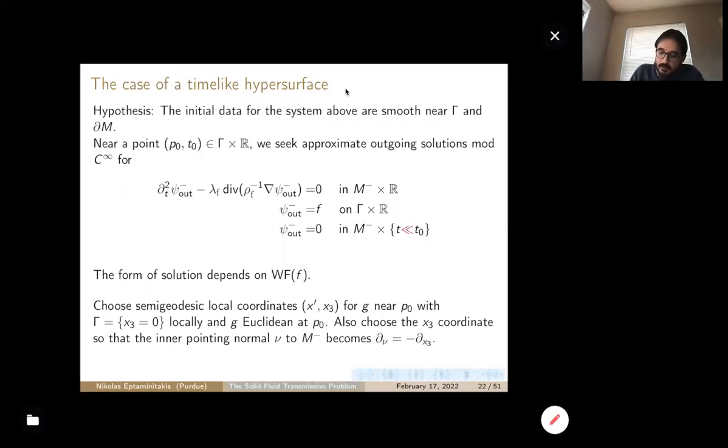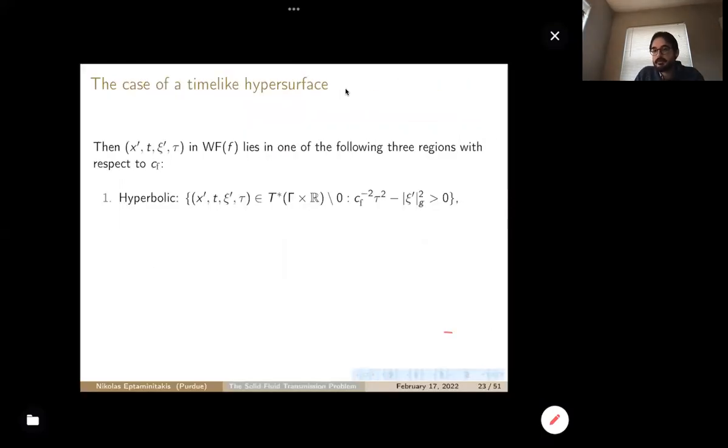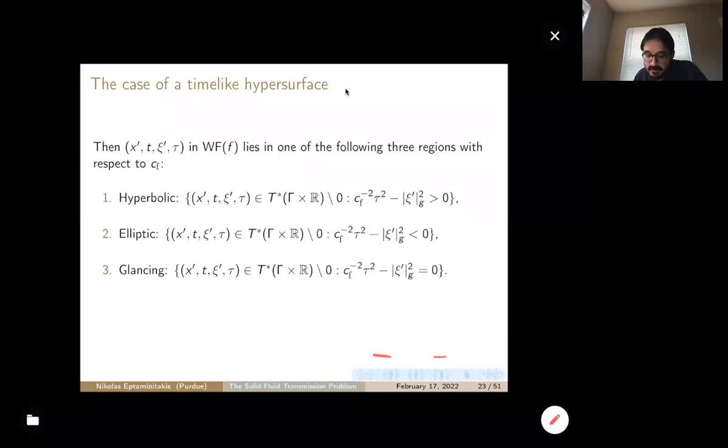Okay, so now we want to construct those outgoing solutions, and there are three possible cases for where the wavefront set of F can lie, and based on where it is, we have a completely different behavior. There are three possibilities. One is the hyperbolic region, one is the elliptic, and one is the glancing region, which depends on the location of a covector.